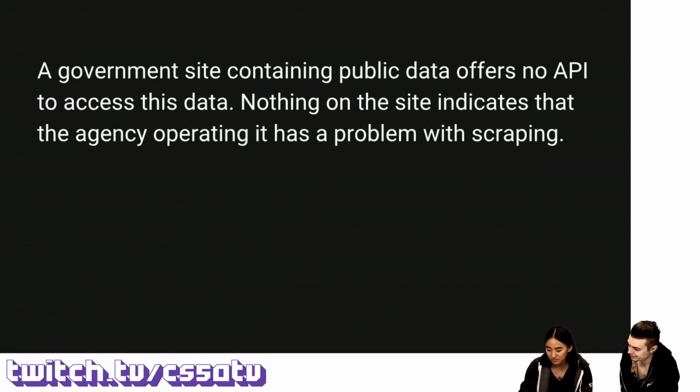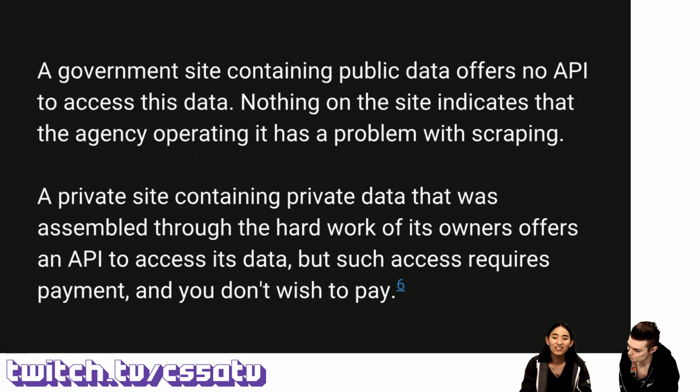Right. Yeah. Another scenario: a private site that has private data, assembled through the hard work of its owners, offers an API, but you don't want to pay, and so you decide you're just going to scrape. And this is doable, because of how web development works: to pull up a website, you pull some code files to your computer, maybe HTML or JavaScript, and your browser, like Chrome, Safari, or Firefox, renders that to show a certain picture.